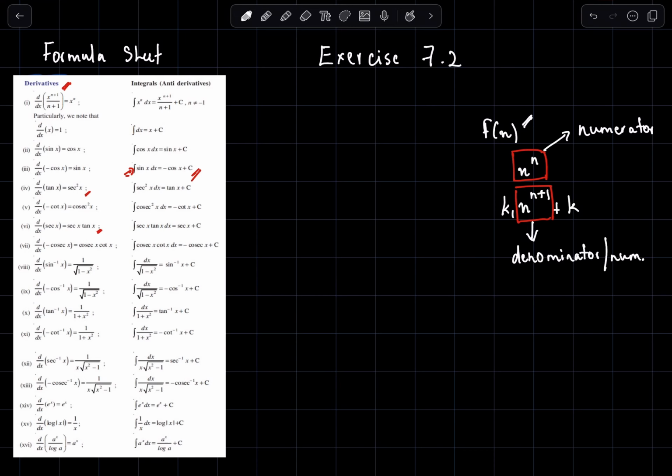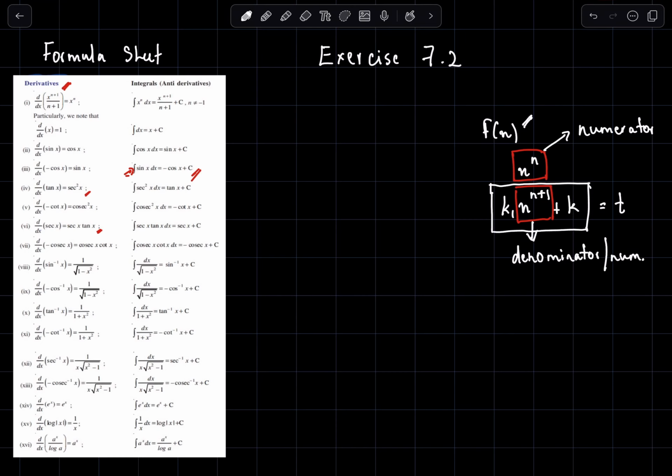So if these conditions are fulfilled, all you have to do is take this value and equate it to t. As simple as that. Understood? That's the easiest trick I can tell you.